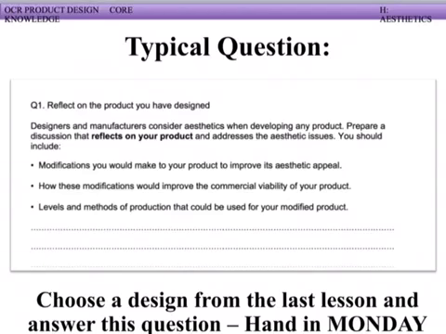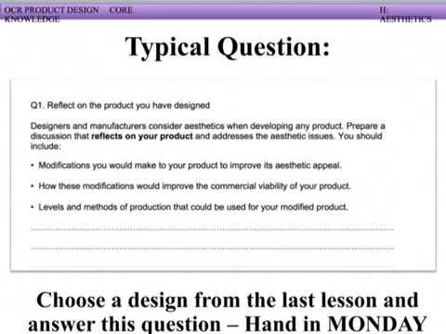Here is a typical reflection question for session 3 of the exam. Reflect on the product you have designed. Designers and manufacturers consider aesthetics when developing any product. Prepare a discussion that reflects on your product and addresses the aesthetic issues.